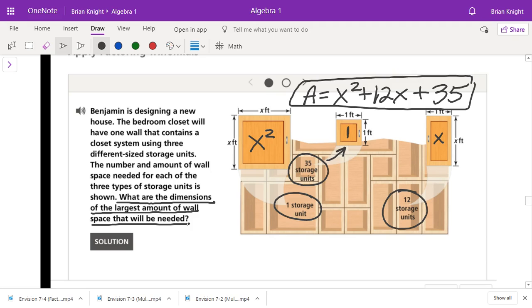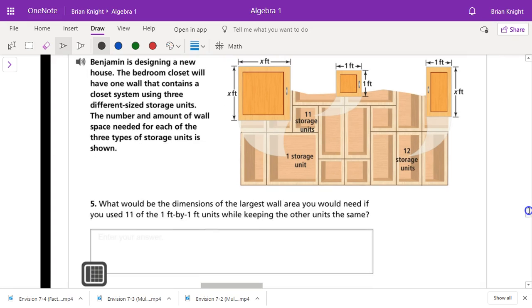We need to factor it. Okay? So, my dimensions will be 2 numbers that multiply to be 35 and add up to 12. That's an easy one. 7 and 5. So one dimension will be x plus 7. The other dimension will be x plus 5. It is very easy.